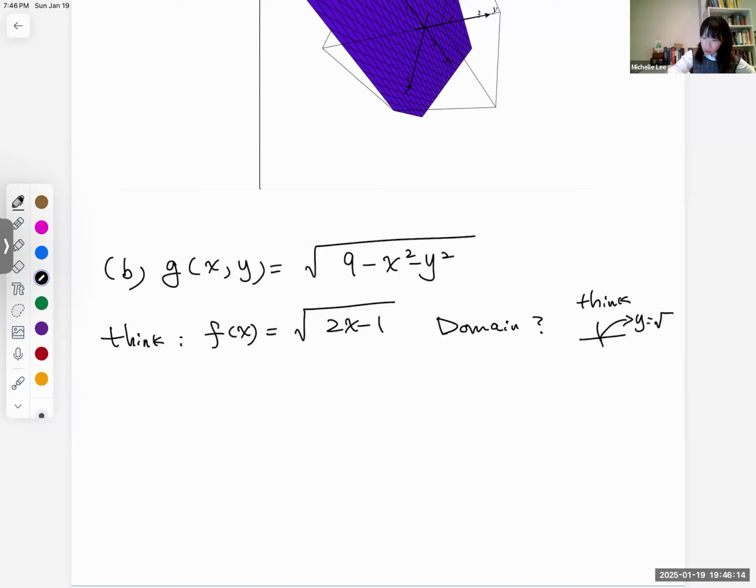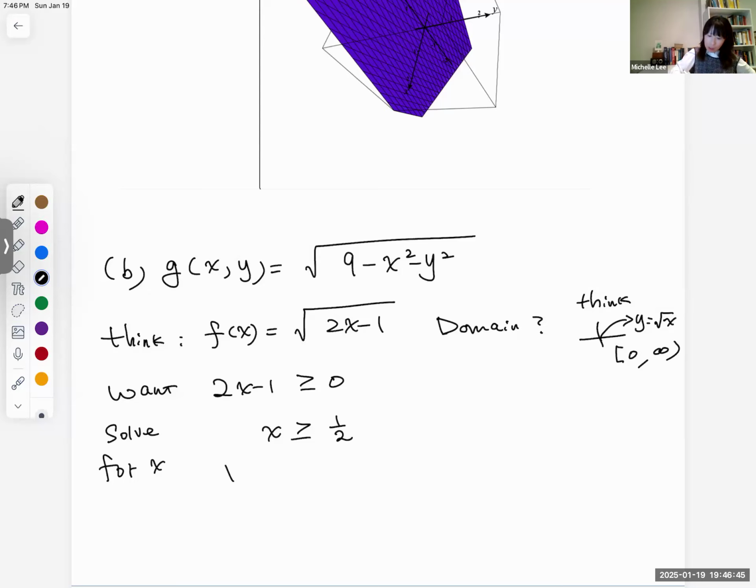Think one more: y equal to the square root of x. Their domain is from 0 to positive infinity. So we want the inside of the square root to be greater than or equal to 0 because we want only the positive. We don't want a negative value inside the square root. Then solve for x: x is greater than or equal to 1/2.